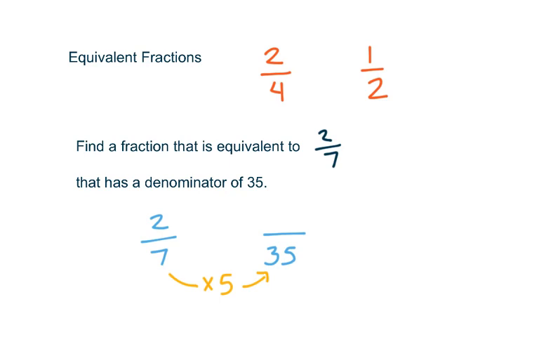The important step here is whatever I do to the denominator, if I want to create an equivalent fraction, I have to do the exact same thing to the numerator. So if I multiply the denominator by 5, I also need to multiply the numerator by 5 so that my new fraction that is equivalent to 2/7 but has a denominator of 35 is going to be 10/35.